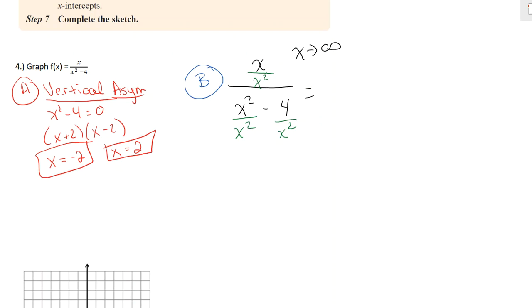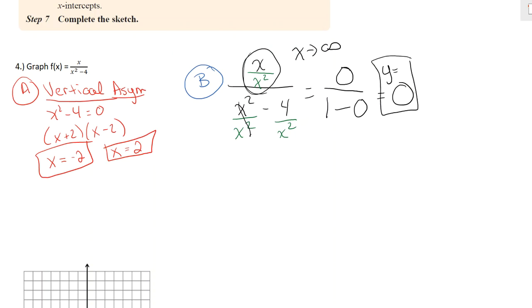This would reduce to 1 over x. And 1 over x, as x gets bigger, approaches 0. So you'd have 0 over 1 minus 0, so 0 over 1 is 0. So our horizontal asymptote is y equals 0.